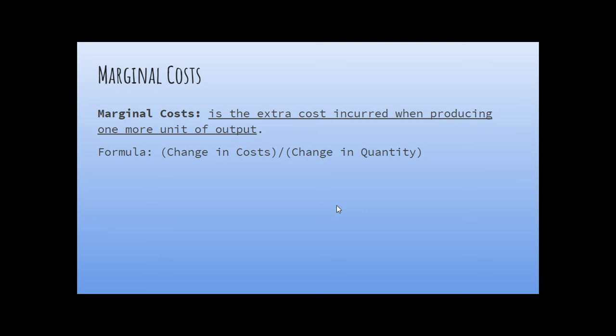We'll write the formula on the board: change in cost divided by change in quantity.